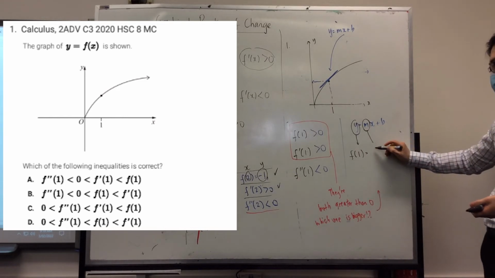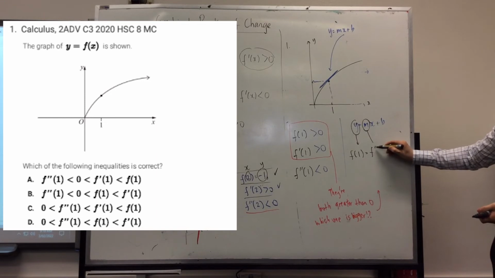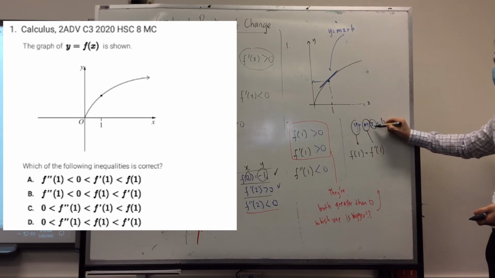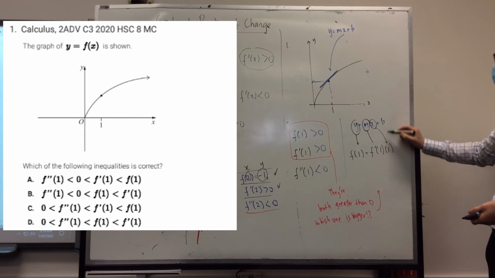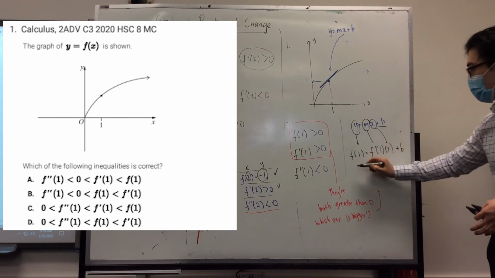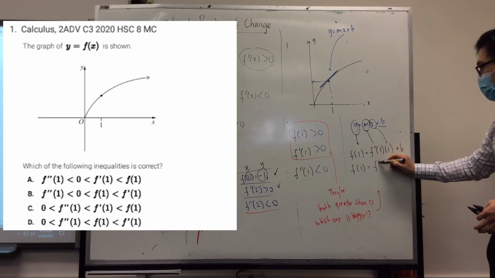Come on, girls, you should know this. Which one of these symbols is gradient? F dash 1. Yep. And what is the x value at that point? 1. We don't know this. That's fine. Because now what we have is this. F dash, anything times 1 is just that itself.